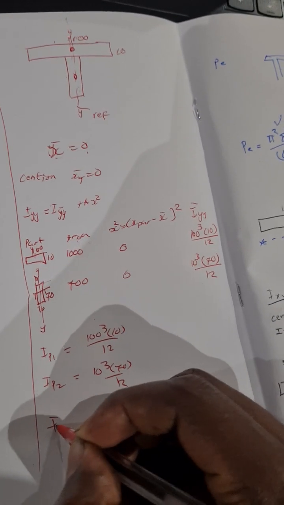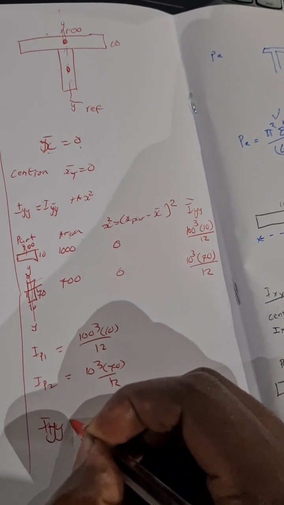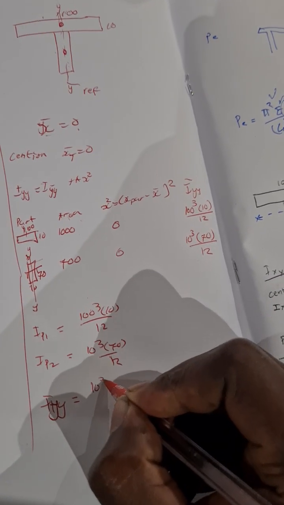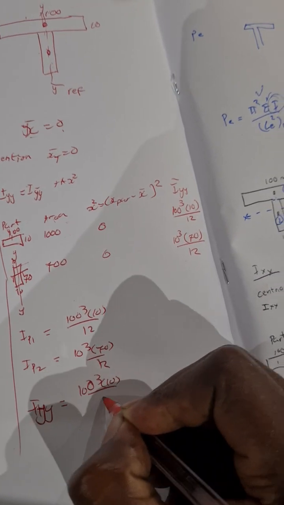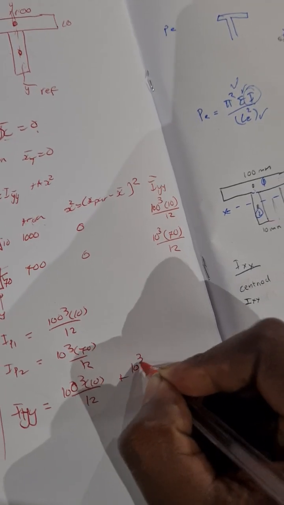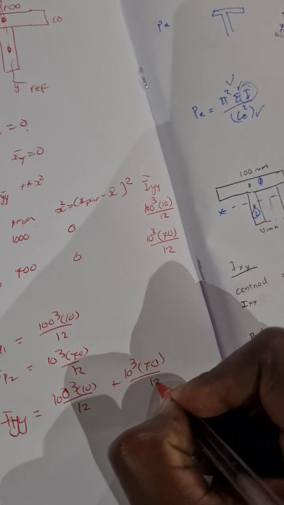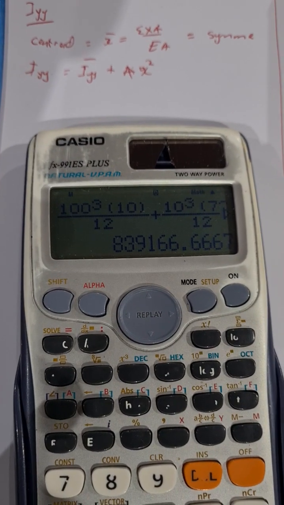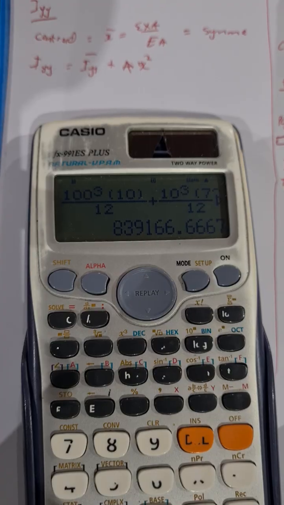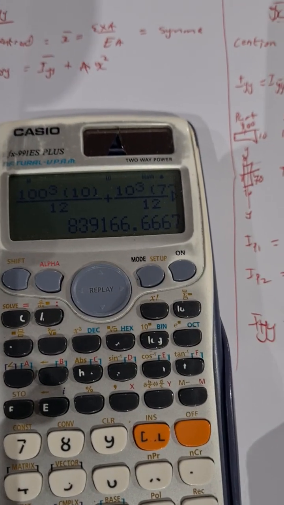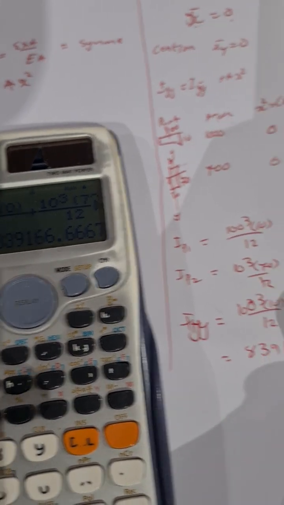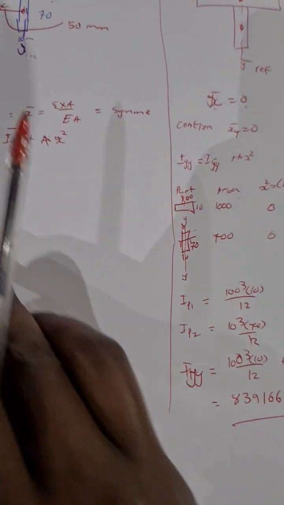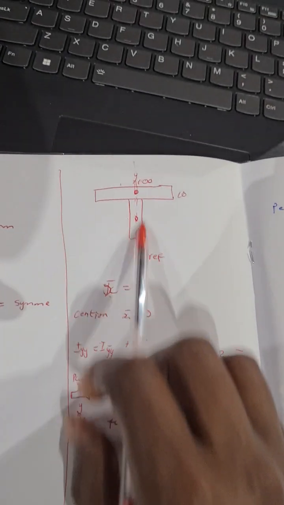Then I total, so Iyy in this case is just equal to, you just add this thing. So it's gonna be 100 cube times 10 over 12 plus 10 cube times 70 over 12. Let me just calculate it first. So the answer here is what? 83916.67 millimeter 4.